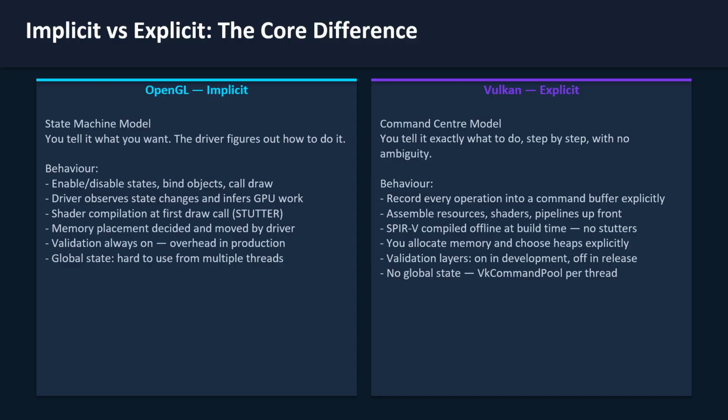We have already covered multi-threading earlier, so I don't need to cover it. What you can do is create your own command buffers and command pools in different threads, and you don't need to deal with a global state machine like OpenGL. So you can truly utilize multiple cores.